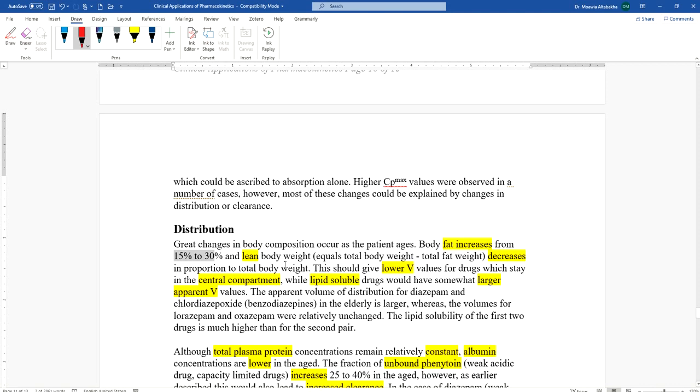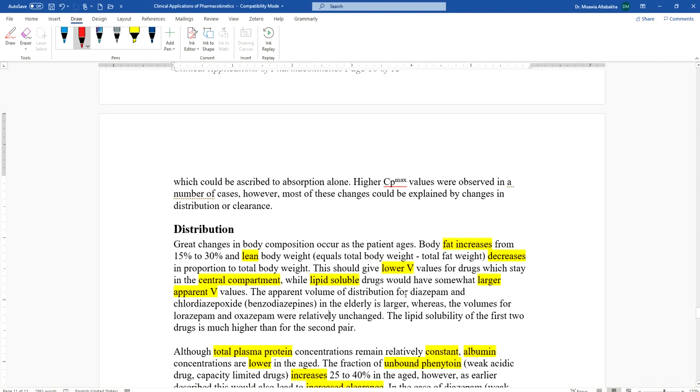Okay. بينما for lipid soluble drug بنلاقي الapparent volume بيكون higher. فمثلا for example diazepam and chlordiazepoxide اللي هم عبارة عن benzodiazepines، بنلاقي because they are lipid soluble بنلاقي their volume is larger. For example compared مع مثلا lorazepam oxazepam بنلاقيهم relatively unchanged.